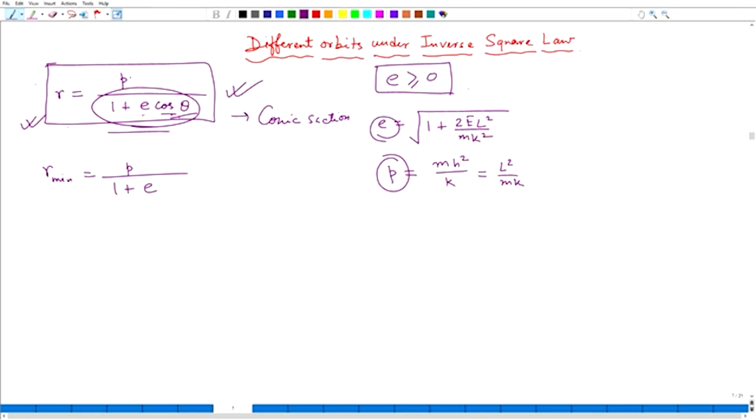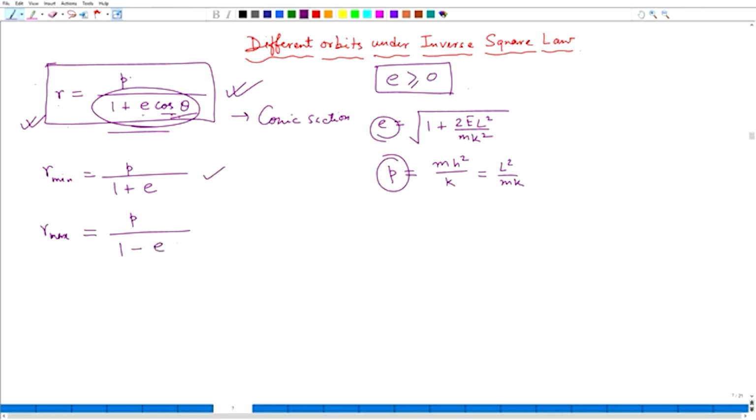Now, r max is equal to p by 1 plus e cos theta, where cos theta should be minimum. This is just the opposite of the previous case, so cos theta is minus 1 and I will have p by 1 minus e.